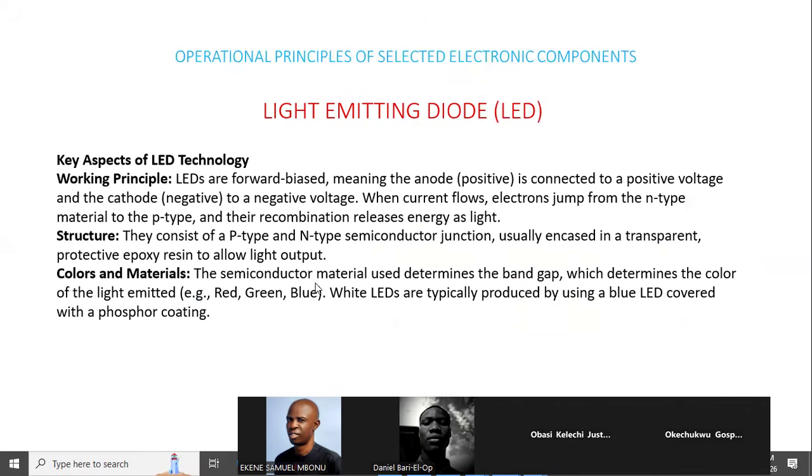Okay, the working principle is simple. Forward bias the diode by connecting the positive of your source to the positive terminal and the negative of your circuit to the negative terminal, and the diode begins to conduct and lights up. The caution there is that, depending on the voltage, you need to use a series resistor so that you don't burn off your LED.